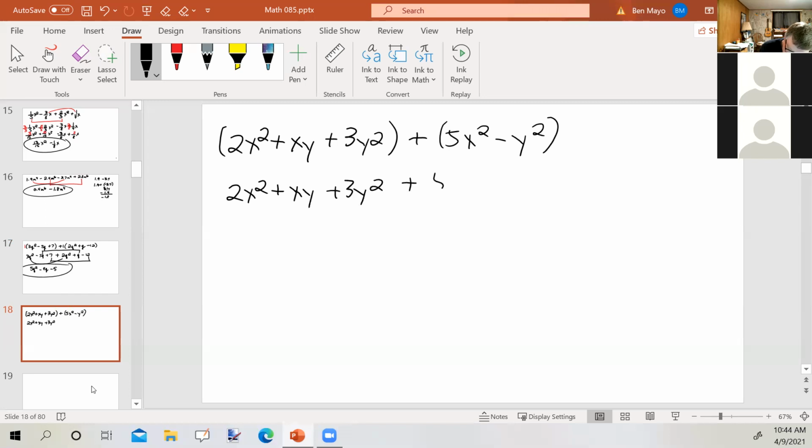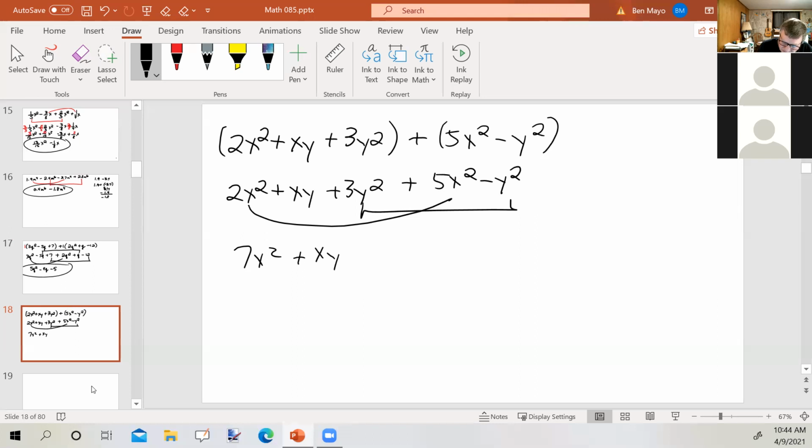There's a plus sign in front of the second set of parentheses. So we're getting rid of the parentheses, combining like terms. 2x squared plus 5x squared is 7x squared. Let's see, then I've got plus xy, and 3y squared minus 1y squared would be plus 2y squared.